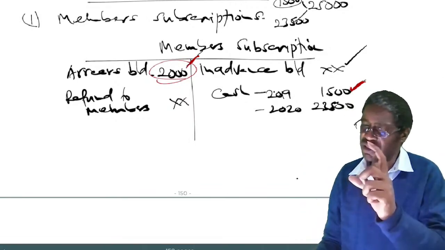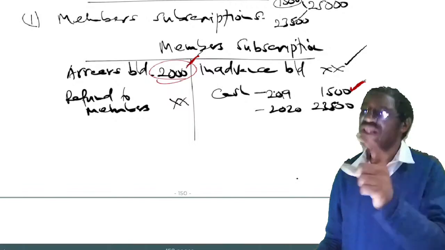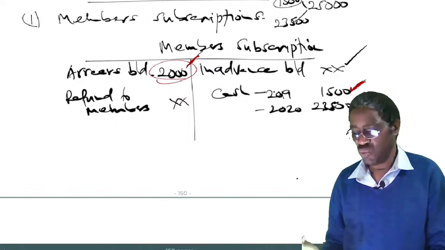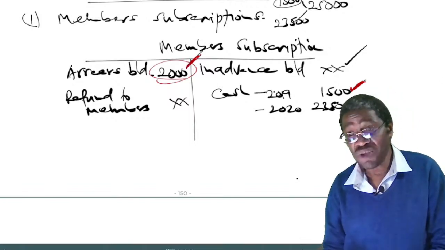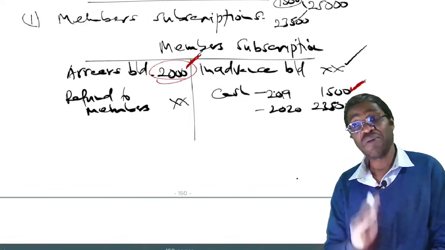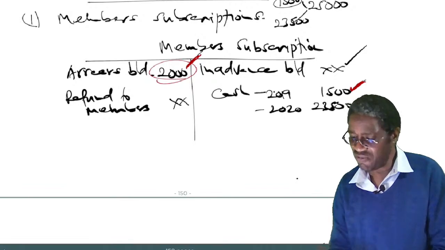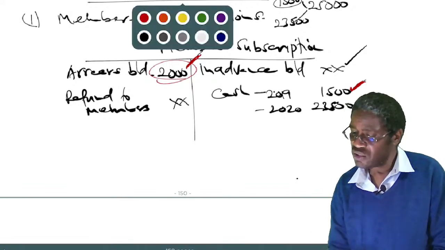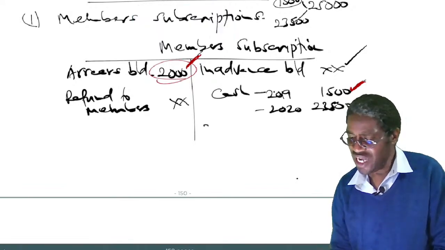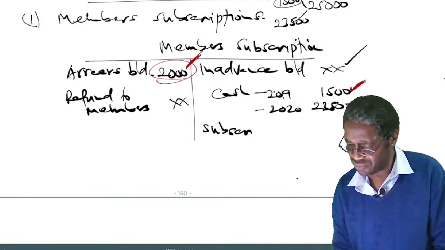That 500, if you are told by the question to write it off, so we are writing off from how much? From the 2,000. Remember, out of the 2,000, we have received 1,500. So there is another 500 we have not received. So in other words, we are saying any subscriptions written off.